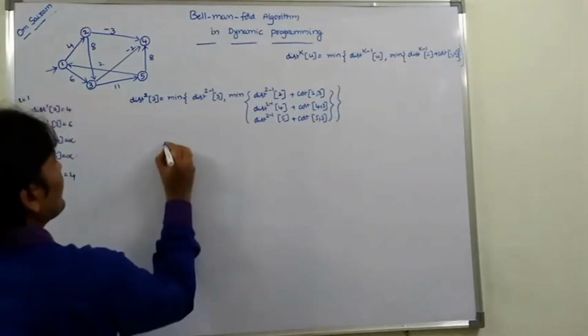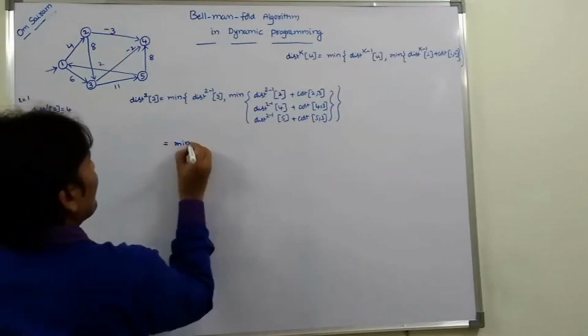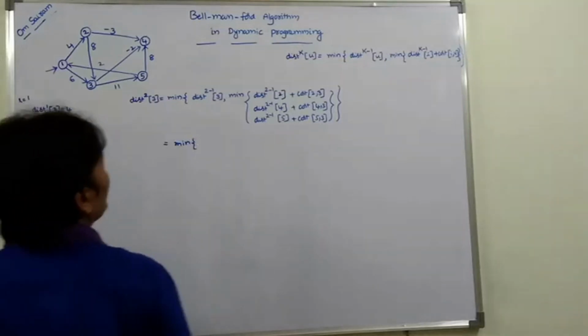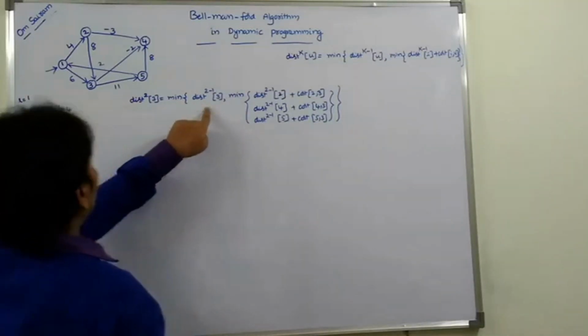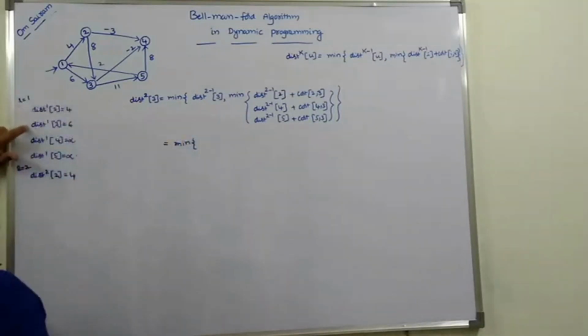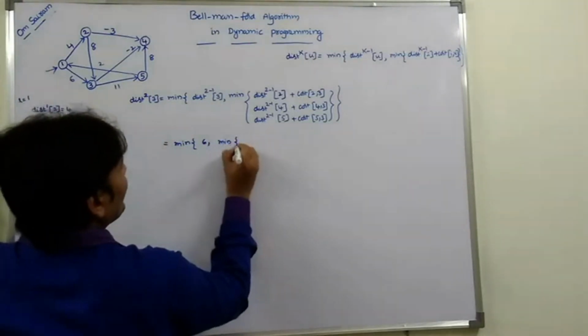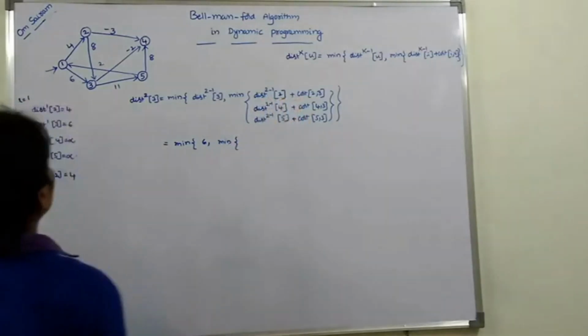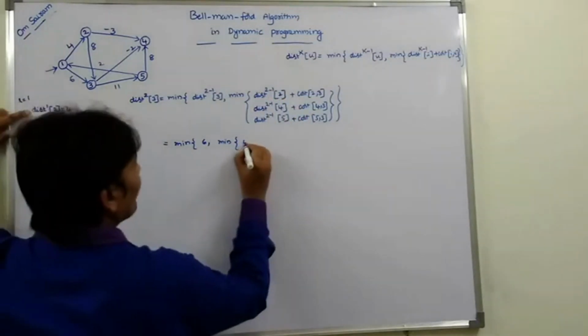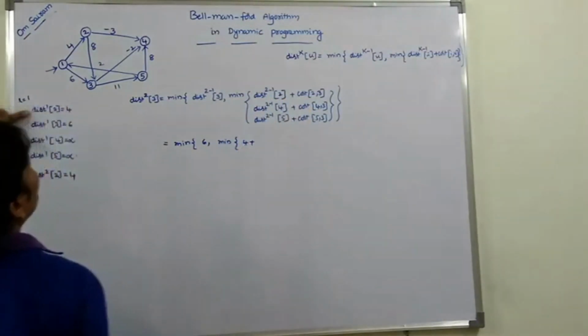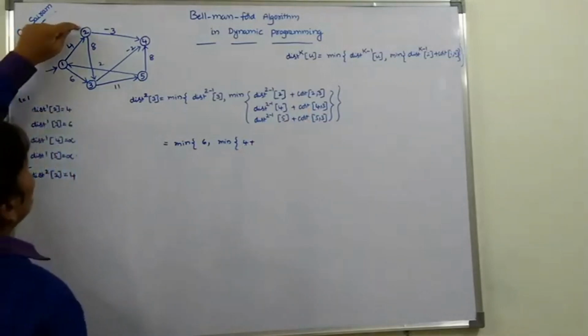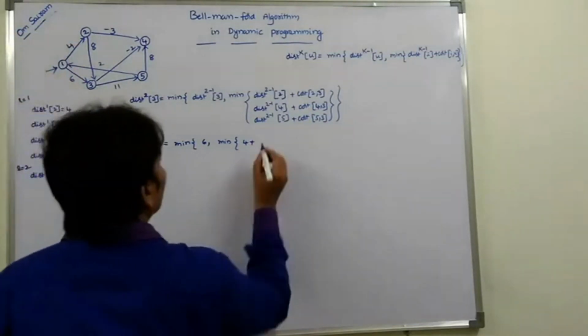So then minimum of dist1 of 3. dist1 of 3 is 6. 6 comma minimum of dist1 of 2. dist1 of 2 is 4 plus cost of 2 comma 3. Cost of 2 comma 3 is 8.